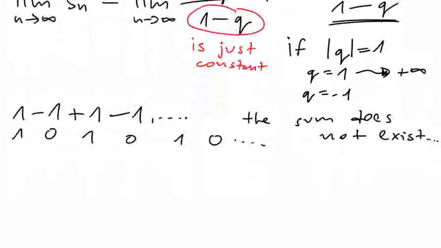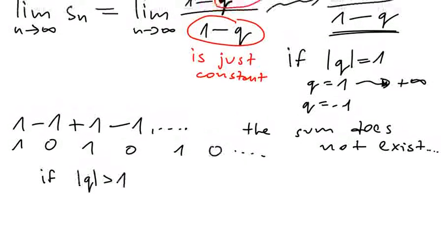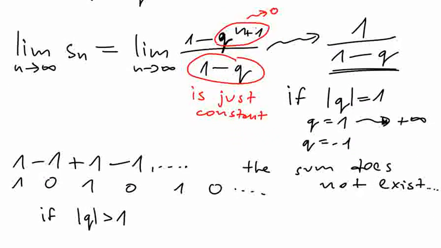So the last case is if q is larger than 1, and in such a case this thing here will blow up, become larger and larger, and therefore this sum will not exist if q is negative, because the sign will alternate, or it will be equal to infinity, so then it diverges.